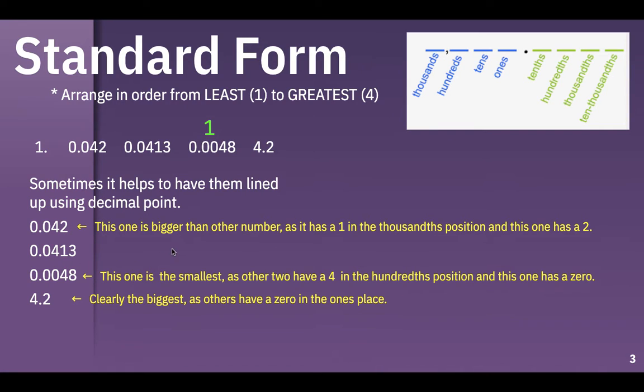So what we said, 0.0048 is our smallest. Our next smallest is 0.0413. Our next smallest is 0.042. And our biggest is 4.2. So it's going to be in that order.